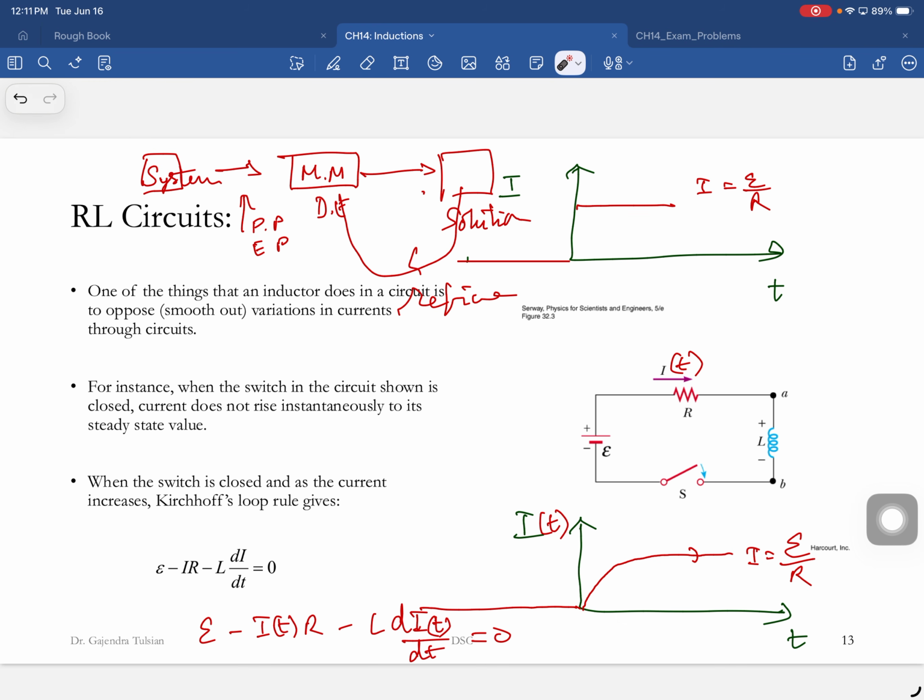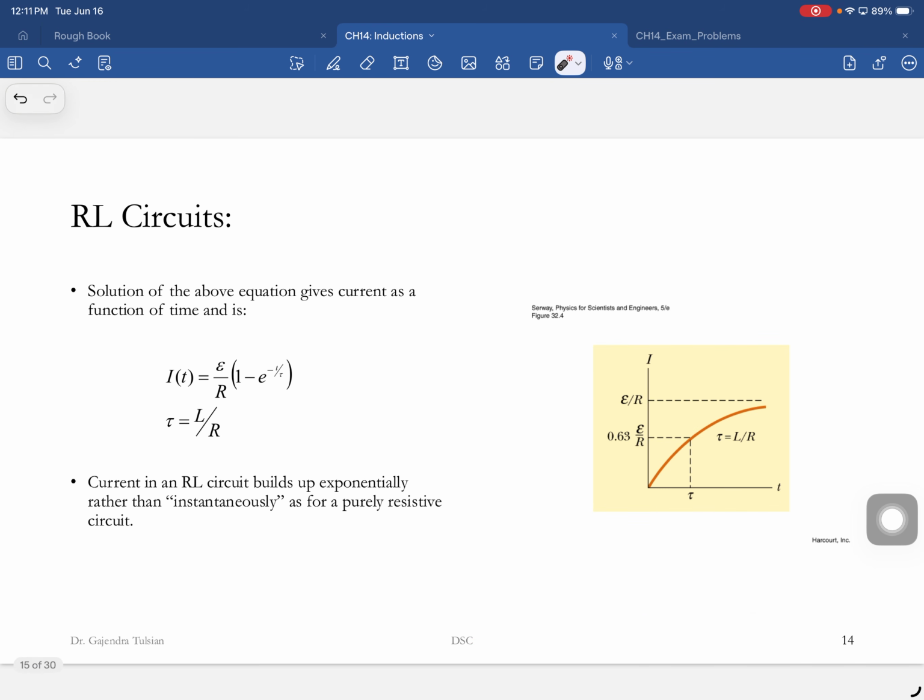Okay? And the smaller R is, the larger the time constant. So the time constant is L over R. Okay, so the current rises exponentially to its steady state value of E over R. And like I said, again, in most situations, this time constant is of the order of milliseconds. Okay, so in most of our applications.